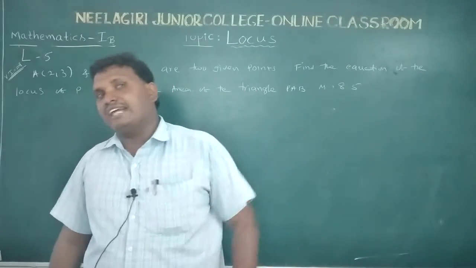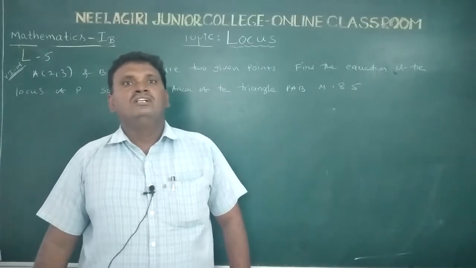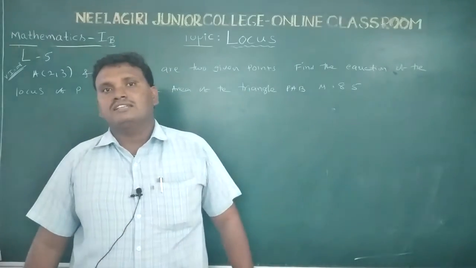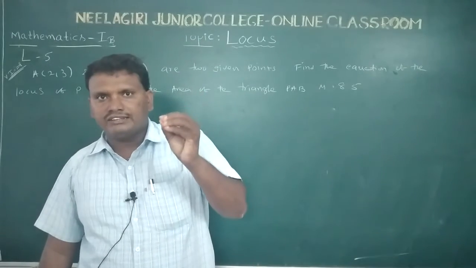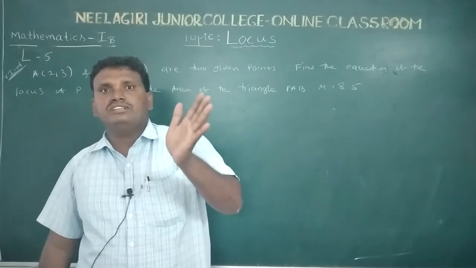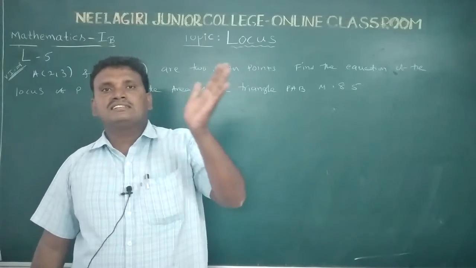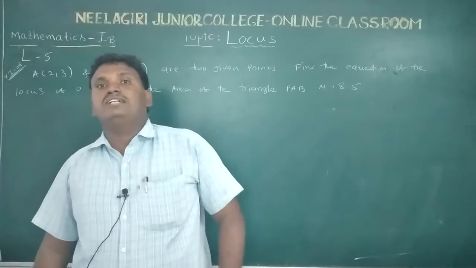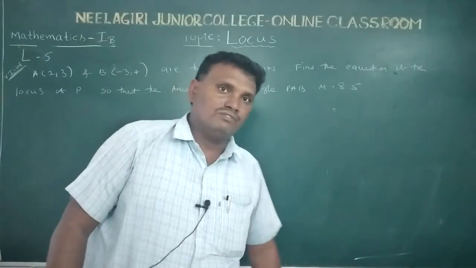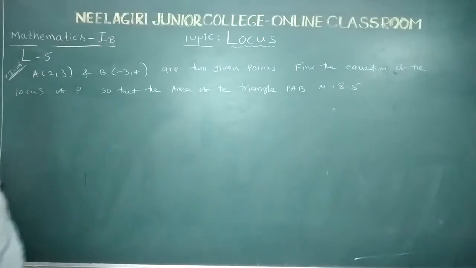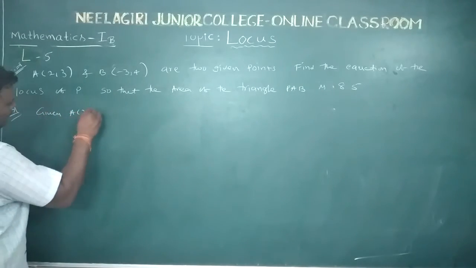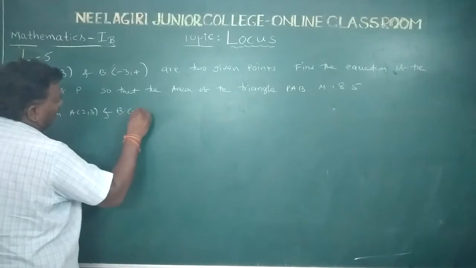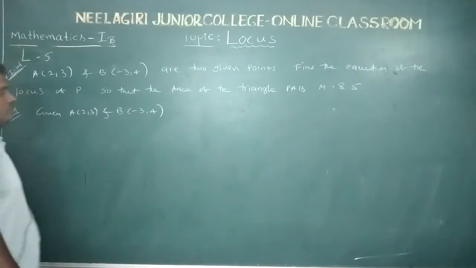Then the area of the triangle ABC is equal to, as we already know from 10th class, half into mod of x1(y2 - y3) + x2(y3 - y1) + x3(y1 - y2). Here the given points are A(2, 3) and B(-3, 4).